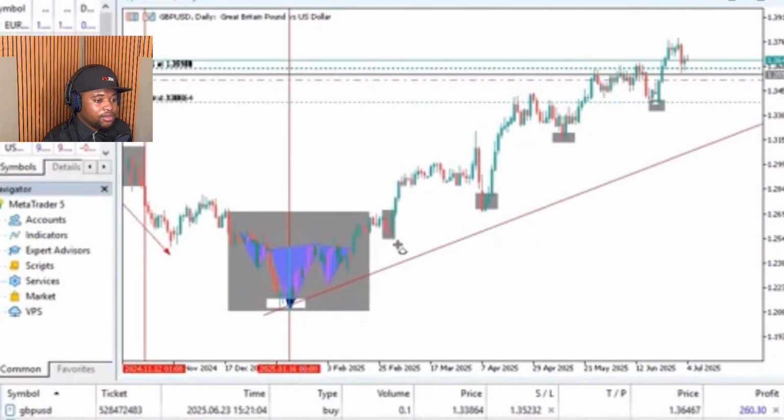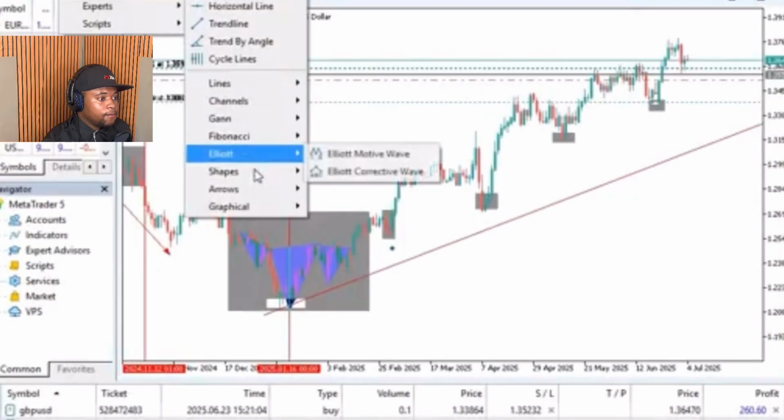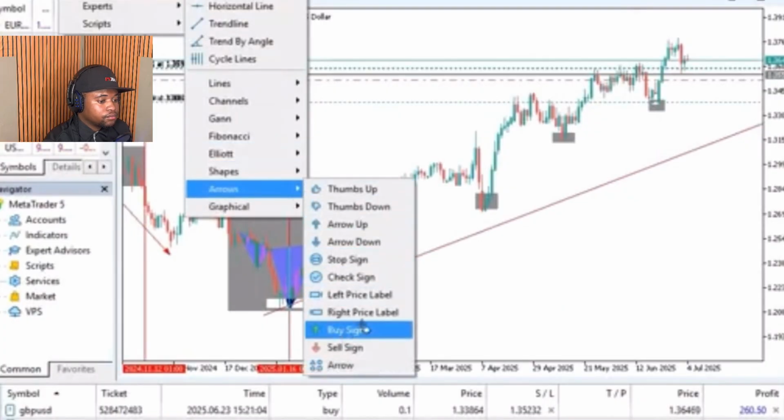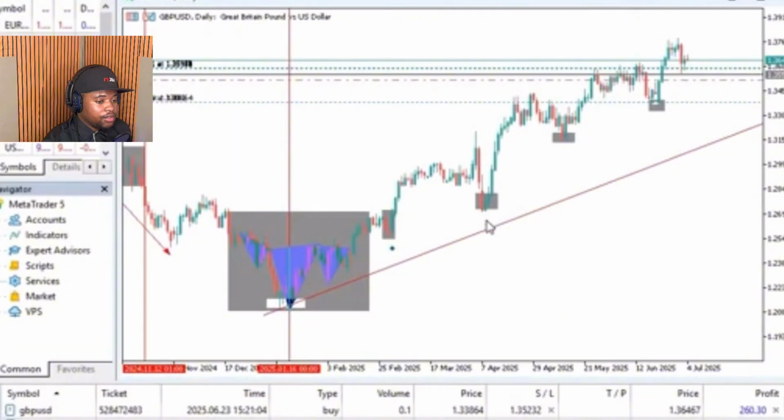I would have probably taken my first trade at this point here. My second order at this point here. Third order.